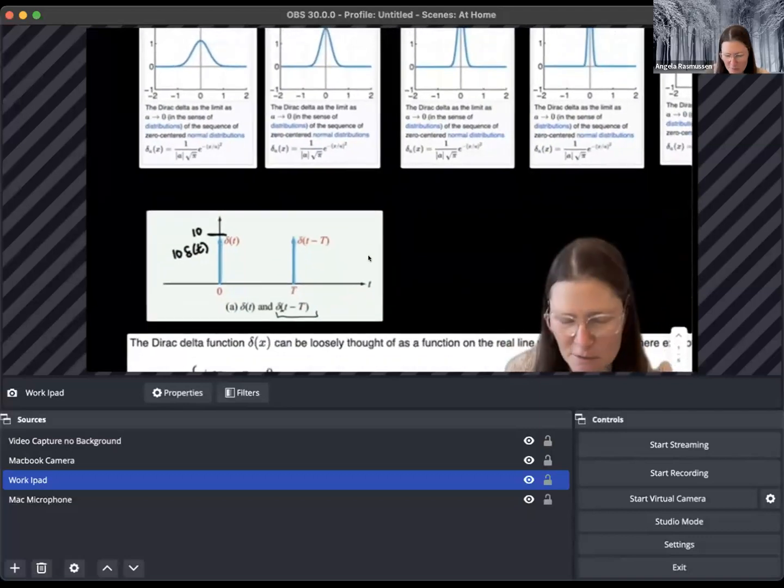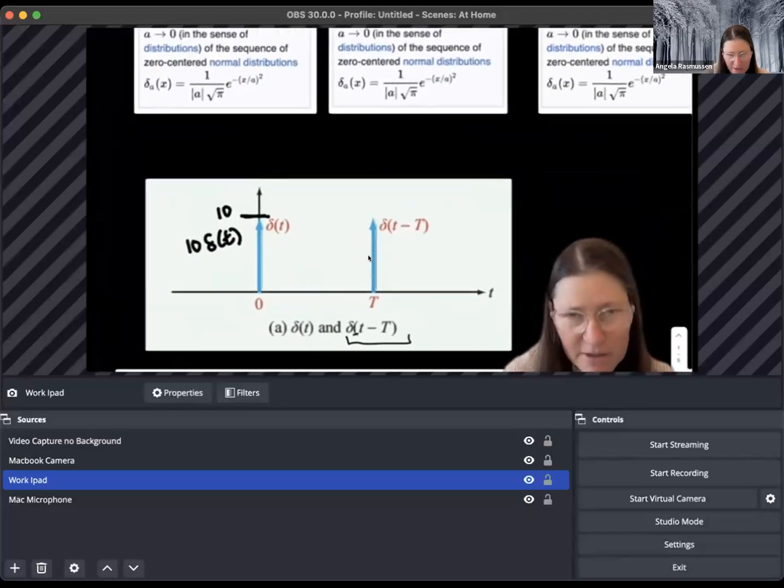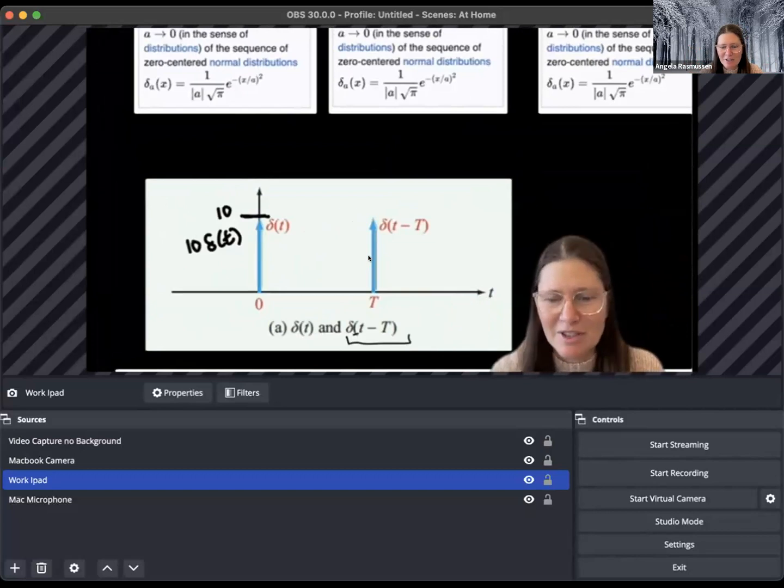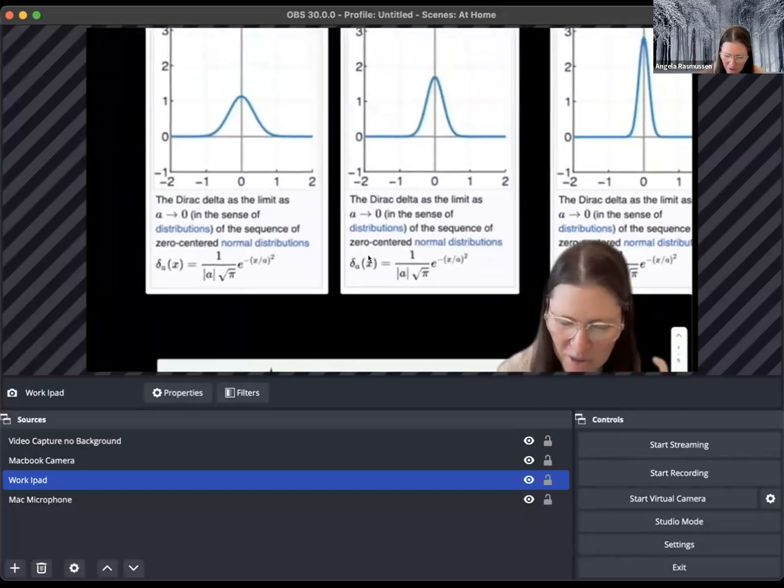All right, going back to the delta function. This is the way we graphically see it. You'll have it at 0, and there'll be delta t or delta omega. That means it's at 0. If there's a number in front of it, even though that's not realistic.